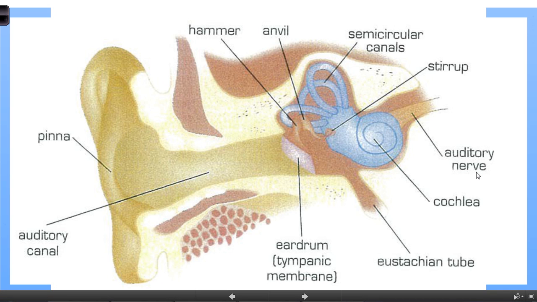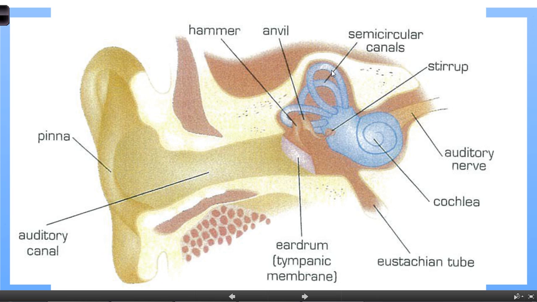So again, a nerve is just a bundle of neurons, so these would all be a bundle of lots of axons lying side by side, covered in their myelin sheaths. So a nerve is a bundle of axons, those neurons, which carry the electrical signal up to the brain. But the middle, this blue part, which is called the inner ear, the cochlea, it also has these loops, these semicircular canals.